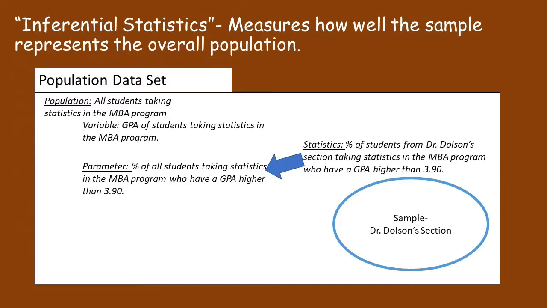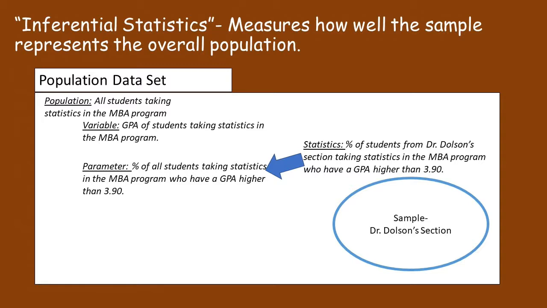So hopefully you're starting to see the connection between descriptive statistics, which really works on just a single data set, and inferential statistics, which connects the data sets together. It gives us an idea of how well, for example, this sampled data set represents the entire population.